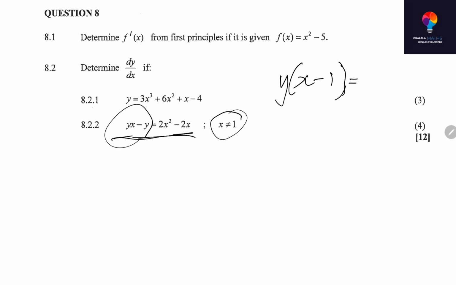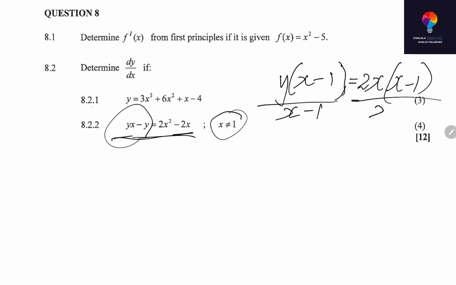It's equal to, there's something common there. Then 2 is common. In fact, 2x is common. And multiplying by x is going to give you 2x squared minus 1, which is going to give us x minus 1. Therefore, for us to get y, we have to divide by x minus 1.